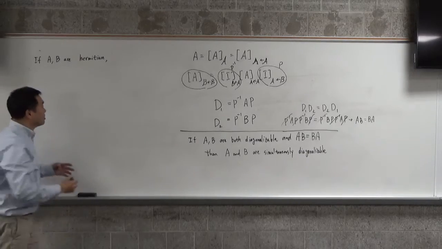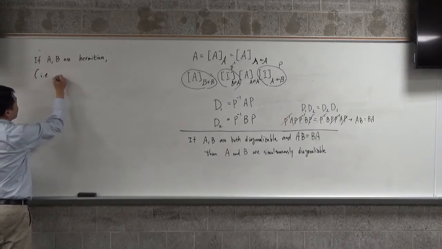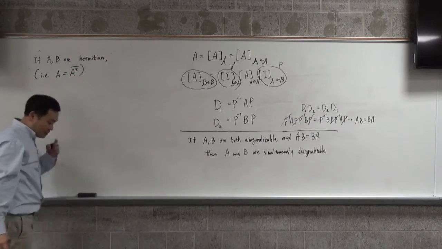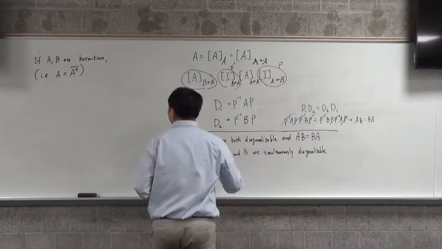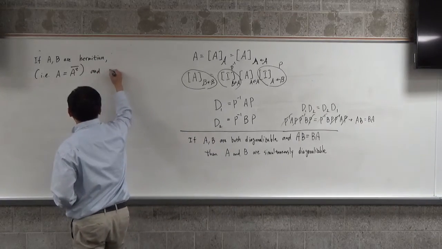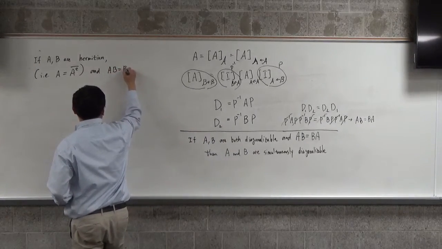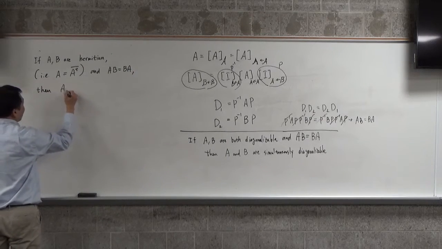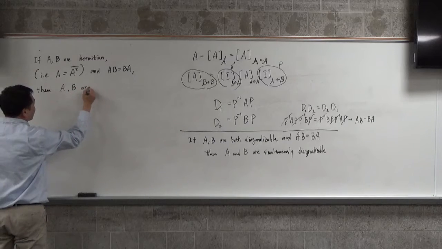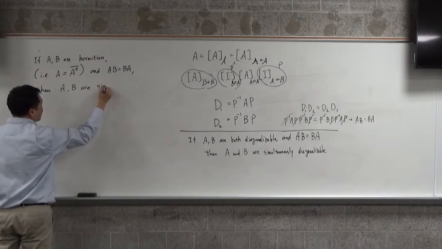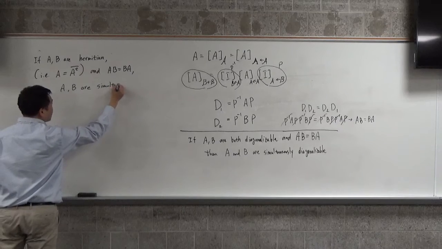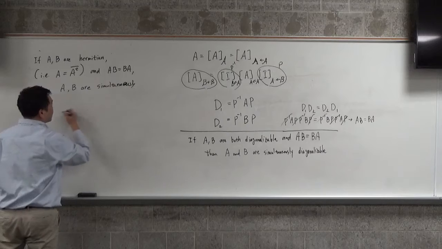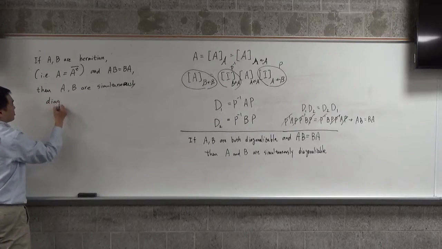Hermitian meaning that A is equal to A transpose and then bar. Same thing for B. And AB equals BA, then A and B are simultaneously diagonalizable.